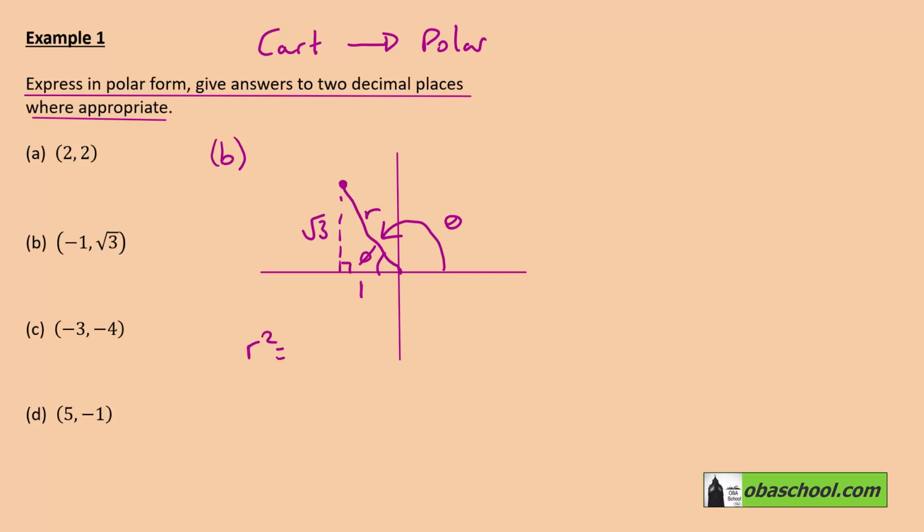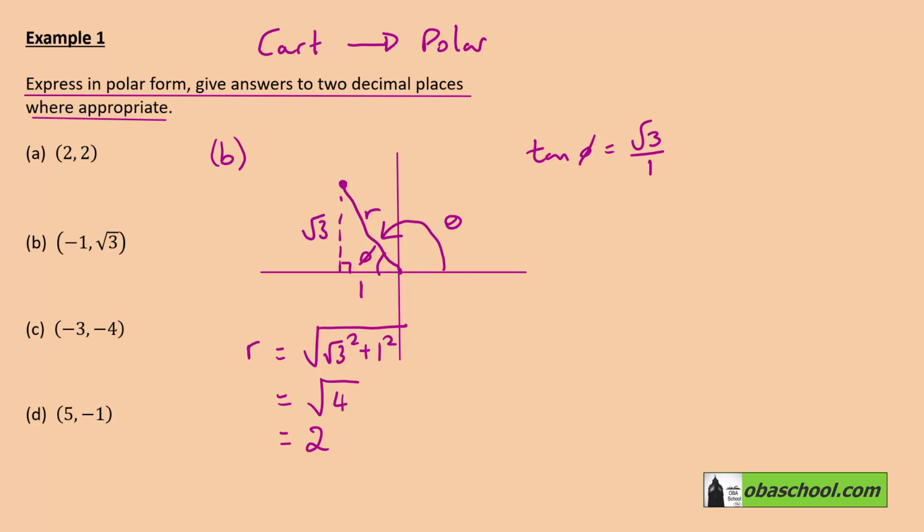r is going to be the square root of root 3 squared plus 1 squared. So that's the square root of 3 plus 1, which is 4, giving us 2. Sorry, that's r, not r squared. Now, tan phi is equal to root 3 on 1.